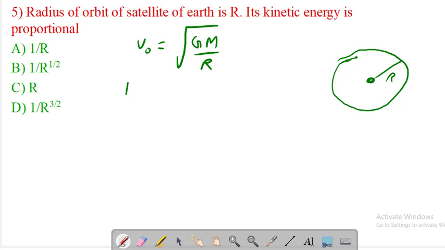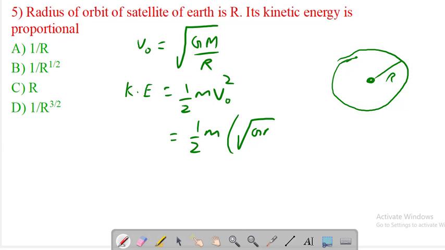Now the kinetic energy equation is given by half mv square, so half m v0 square. So we take the square of this, so we have half m and the square of gM upon r.